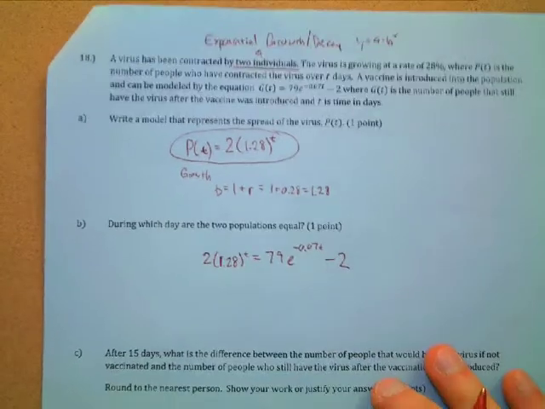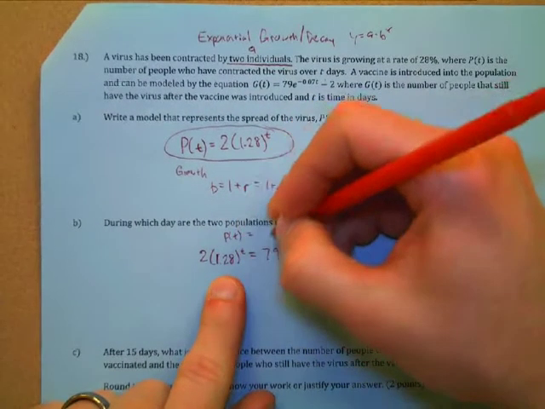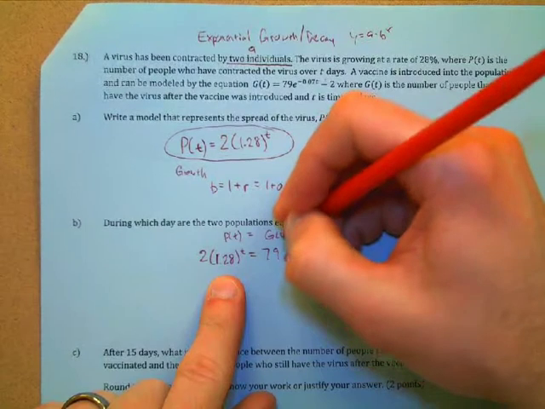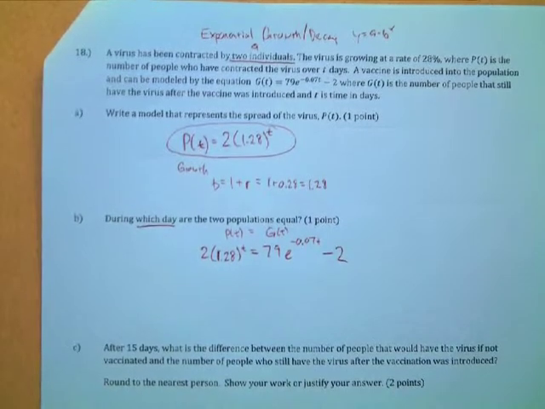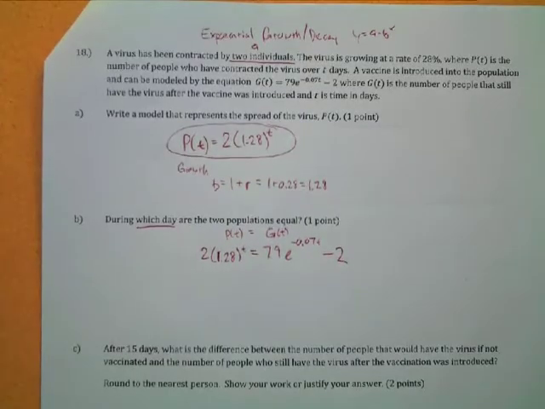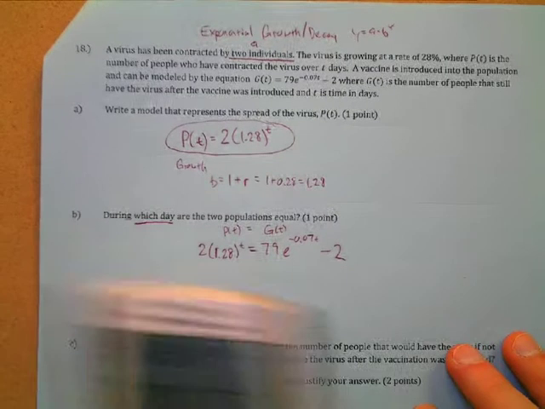So this is P of t equal to G of t. You want to know during which day, so we're finding the time. Now to solve this, we are not going to do the algebra here. The easiest way is to graph the left-hand side, graph the right-hand side, and find the point of intersection.